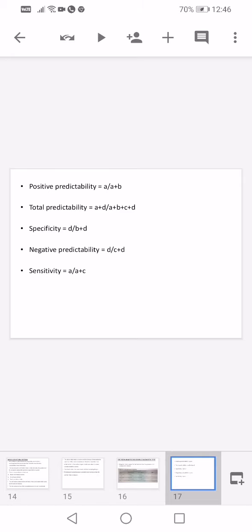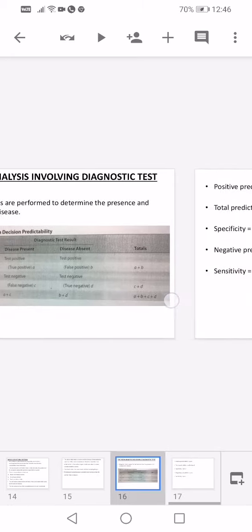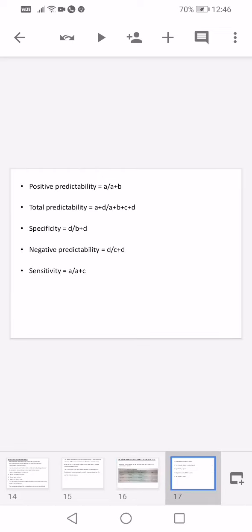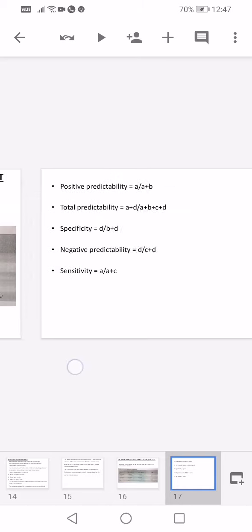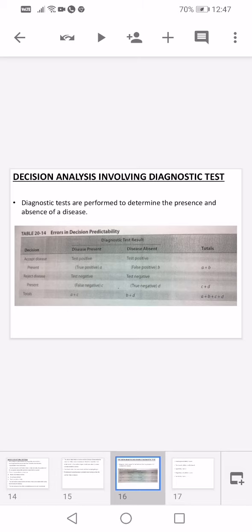So if you want to check these variables, just go on checking this table. You can easily write this. Positive predictability means A by A plus B. Total predictability is A plus D by A plus B plus C plus D. Specificity means D by B plus D, negative predictability is D by C plus D, and sensitivity is equal to A by A plus C. Based on this table, you can easily give the predictability of the disease.